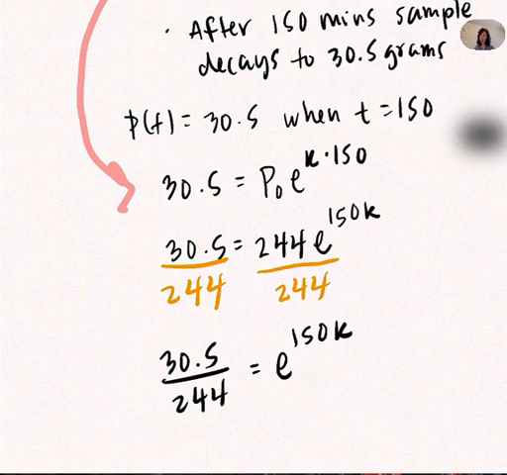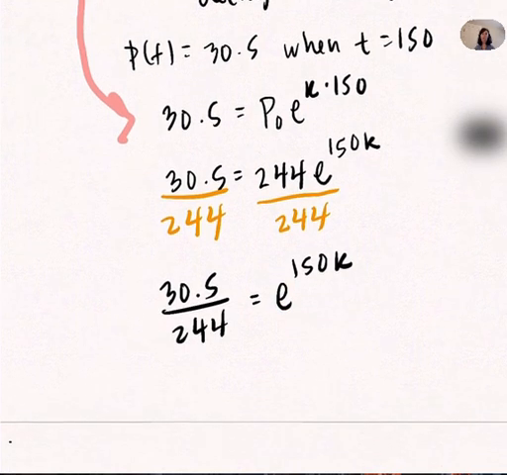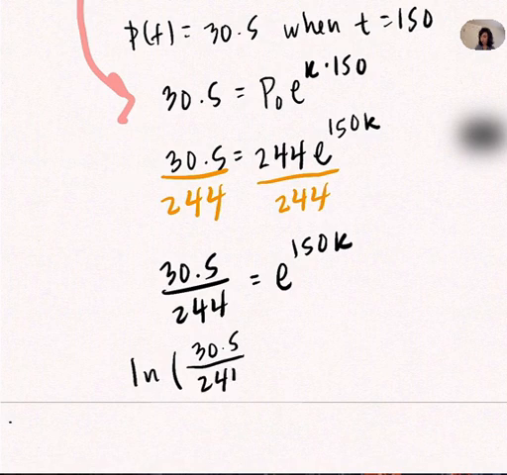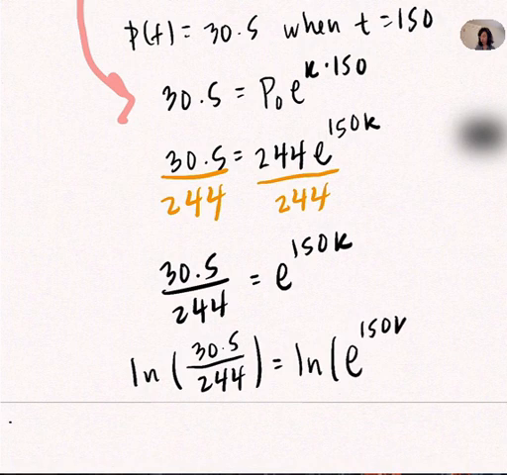Because I can actually get rid of this base e now by taking the natural log of both sides. So I can do ln of 30.5 over 244 equals ln of e to the 150k.